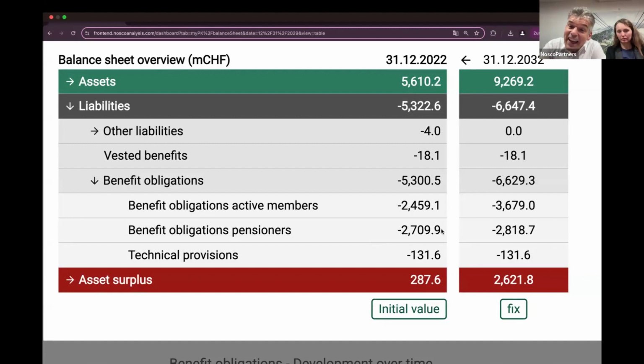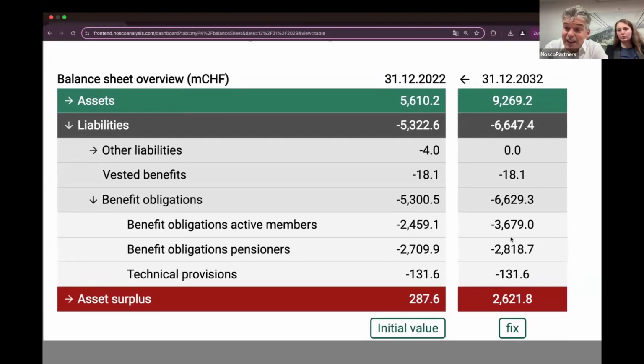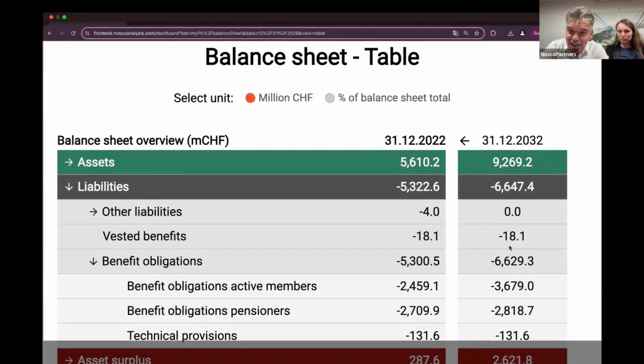Now, you see, in the next 10 years with the current strategy, that means a conversion rate of about 5.7%, this goes up from 2.7 billion Swiss francs to 2.8 billion Swiss francs in 2032. Now, for us in ACTUS, this is so easy to change.